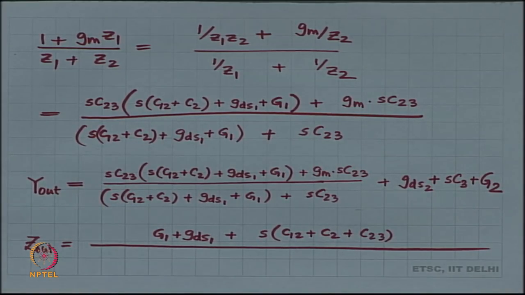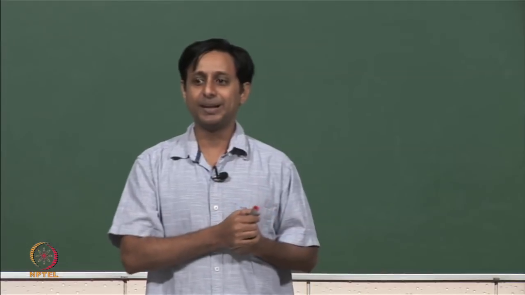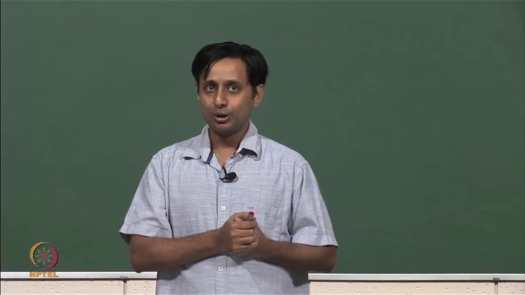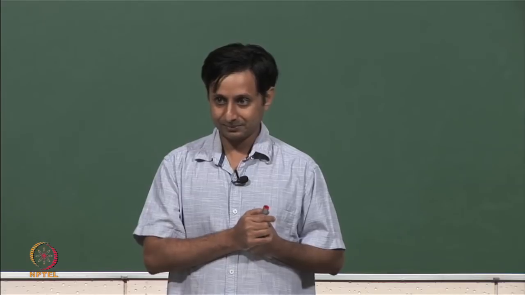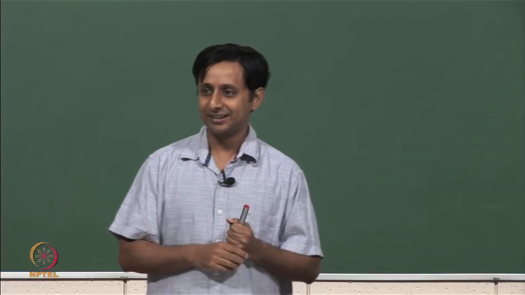G1 plus GDS1 has to come outside, and then you get exactly the same thing as the pole of the short circuit current. So, the pole of the short circuit current cancels out completely with the 0 of the output impedance. That is something very interesting. This is exactly what happened in the Cascade amplifier as well.